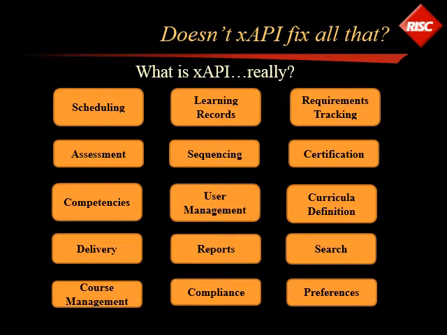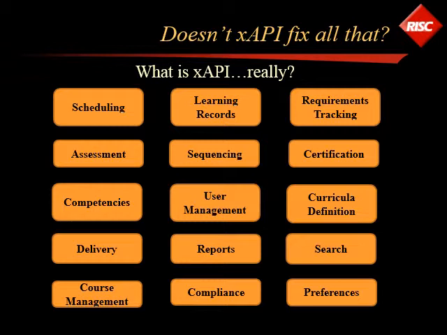And all these things that are on this slide are things that your LMS might do, or things that SCORM might do with your LMS. Sequencing, for example, in the middle. That's something that SCORM does. xAPI has no sequencing rules in it whatsoever. Scheduling of classes you might do in your LMS. With xAPI, you can't put scheduled data into it. It's actually against the spec. It's always historical information. Assessment.